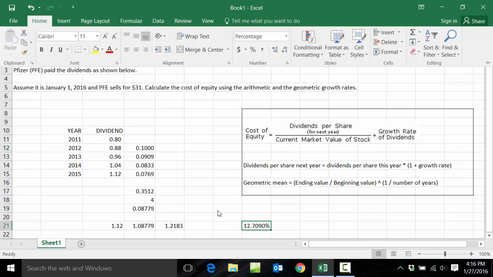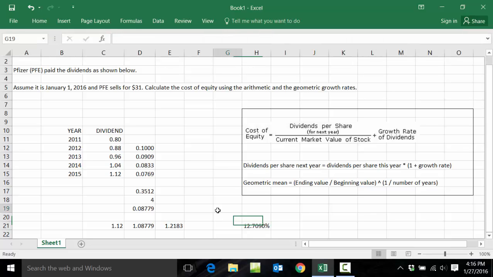Now let's figure out what the cost of equity would be using the geometric method. I wrote the formula right here. To calculate the geometric mean, you're going to take the ending value, so that would be $1.12, divided by the beginning value, which would be 80 cents. And that's going to give you your growth from 2011 to 2015. Then you're going to put that to the power of 1 over the number of years, and it's a total of 4 years. 1, 2, 3, 4.